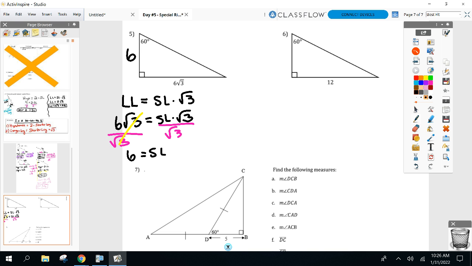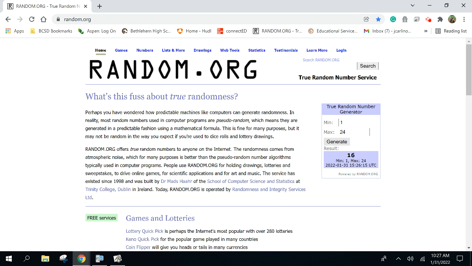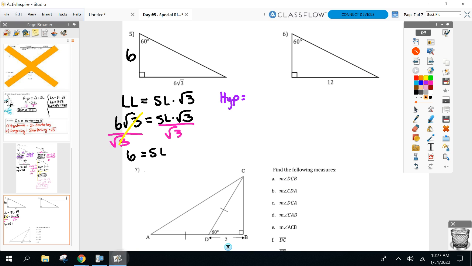So go ahead, find the hypotenuse. I don't even write down the rule. How about your hypotenuse? I got 36.